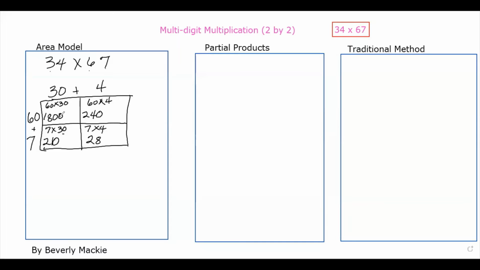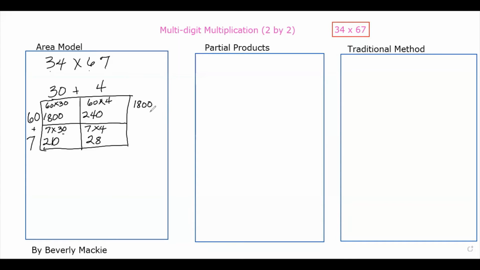Now, the next step would be to add each of the partial products. You could either add them mentally across, but we're going to go ahead and just list them. 1800. Now, make sure you line up your numbers.